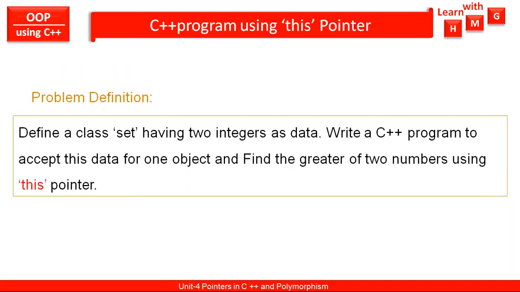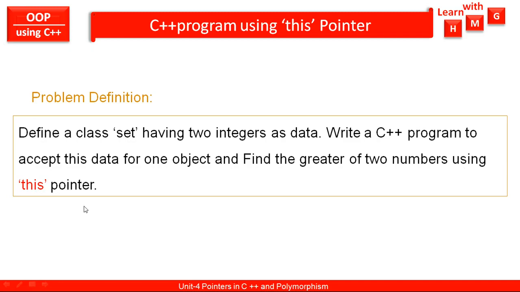Let us see a complete C++ program using the this pointer, in which we will use the this pointer to access the data members. The problem definition is like this: define a class set having two integers as data. Write a C++ program to accept this data for one object. Find the greater of two numbers using the this pointer.